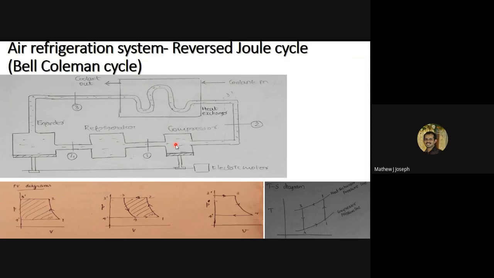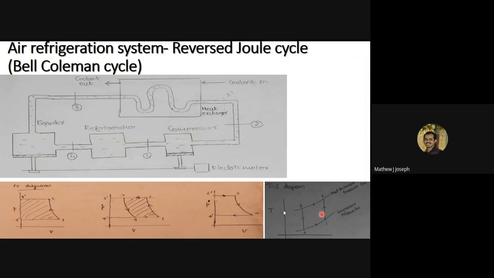We know the basic thermodynamic PVT relationship, PV by T is a constant. So when the volume is getting reduced and the pressure is increasing, the temperature will also increase.